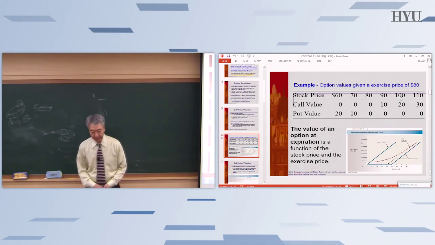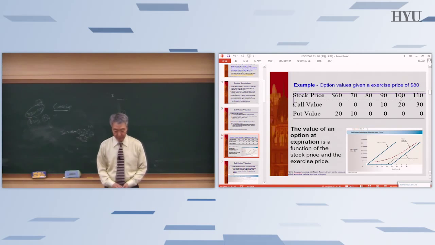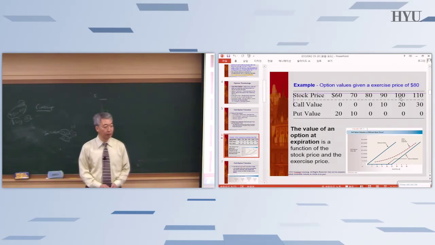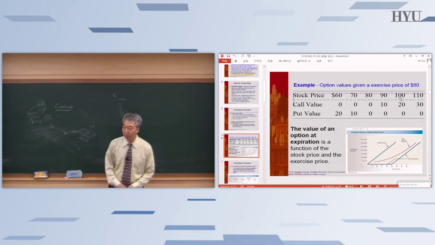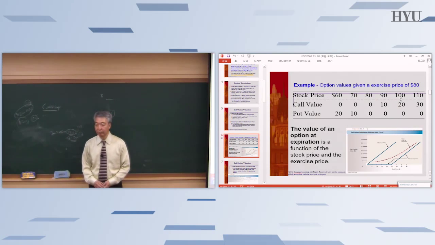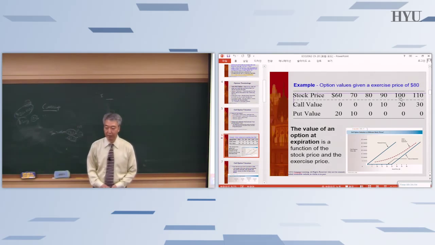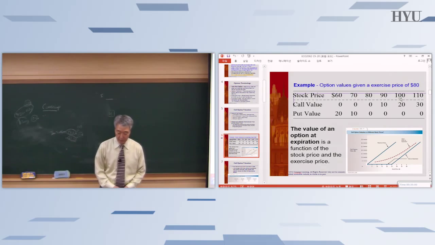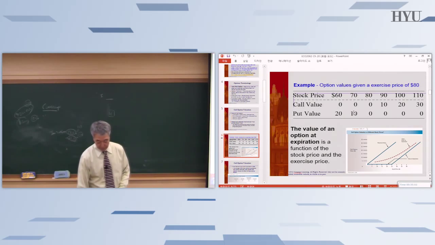Put value is the opposite, because a put gives you the right to sell the stock at the strike price. If the current stock price is $60 but you're holding an $80 put option, then of course there is a $20 benefit by exercising it. You can receive $80 per share even though the market price is $60 per share.